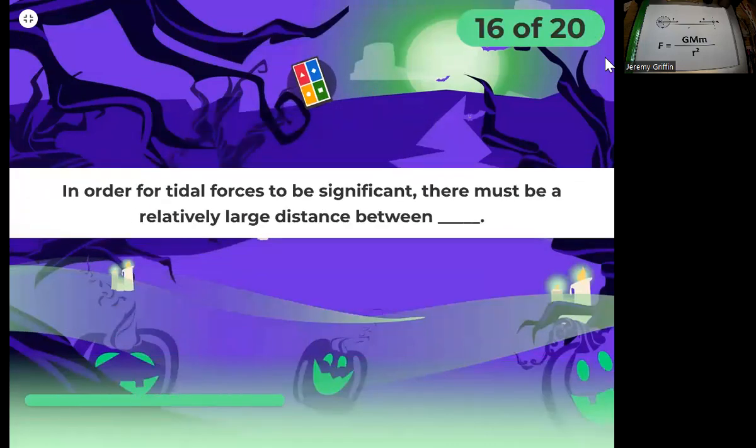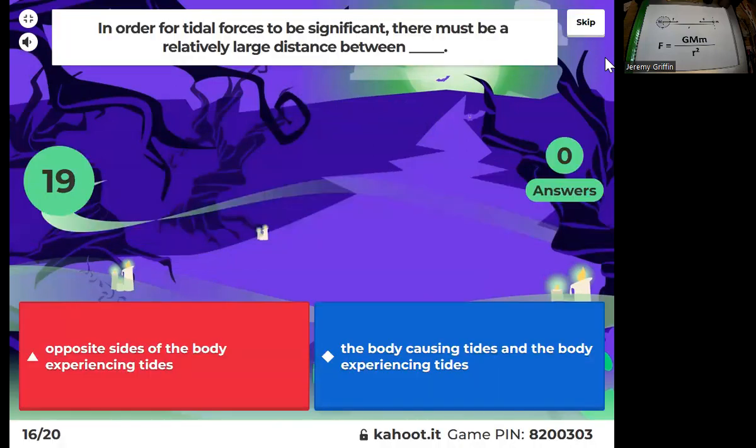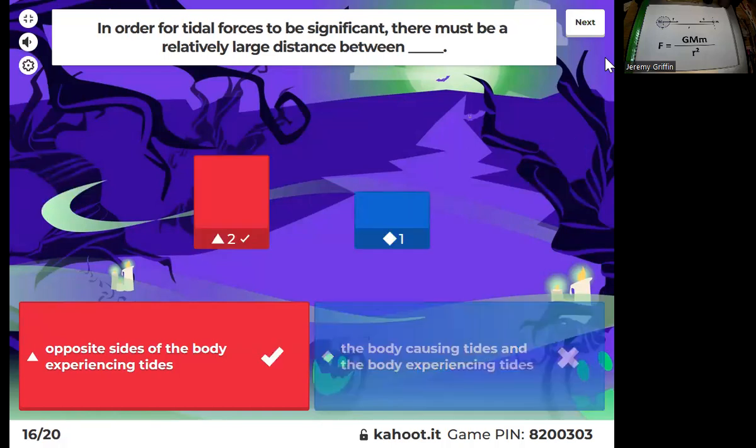For tidal forces to be significant, there must be a large distance where? Yeah, opposite sides of the body experiencing tides.